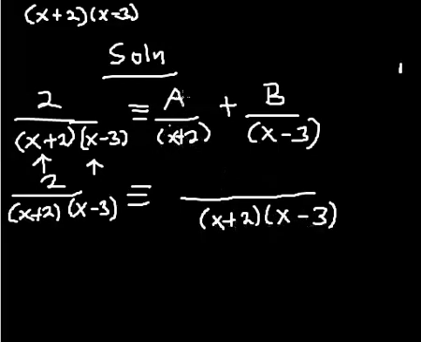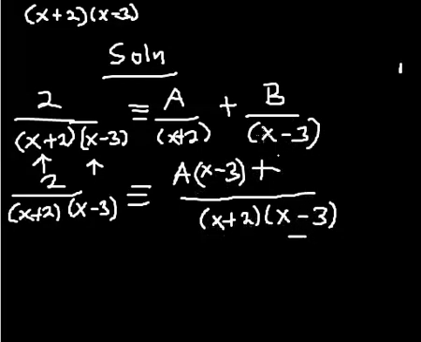I'm left with this, and I use what I have to multiply the numerator A. So that's going to be A times x minus 3, plus the same thing here. x minus 3 divides the denominator, x minus 3 cancels x minus 3.